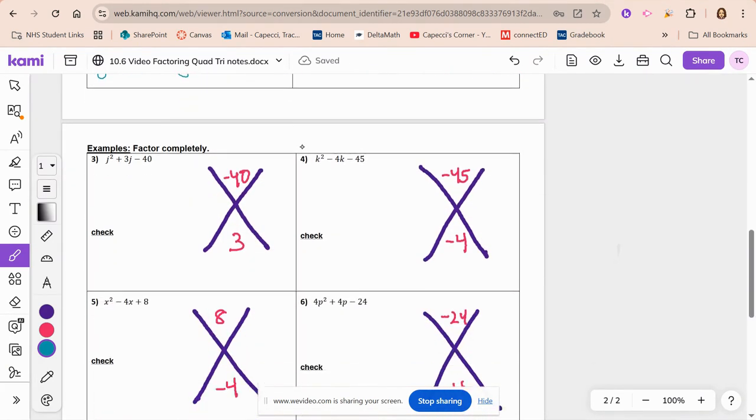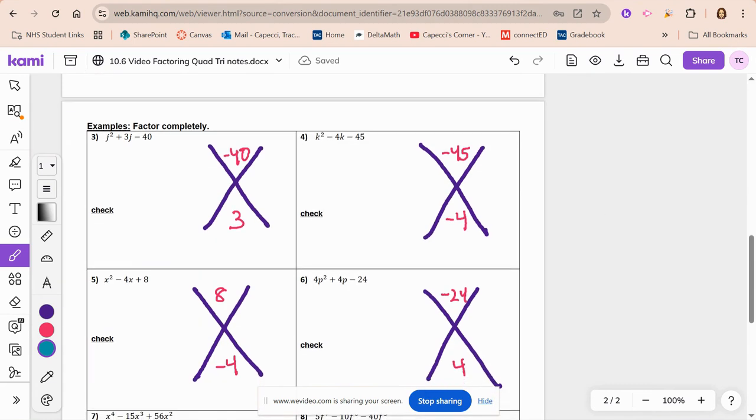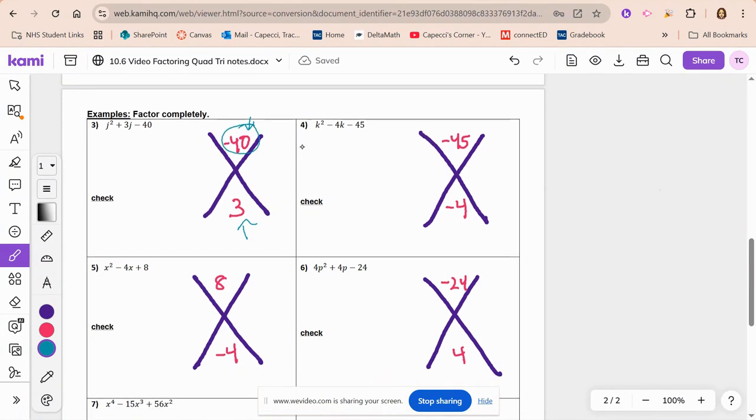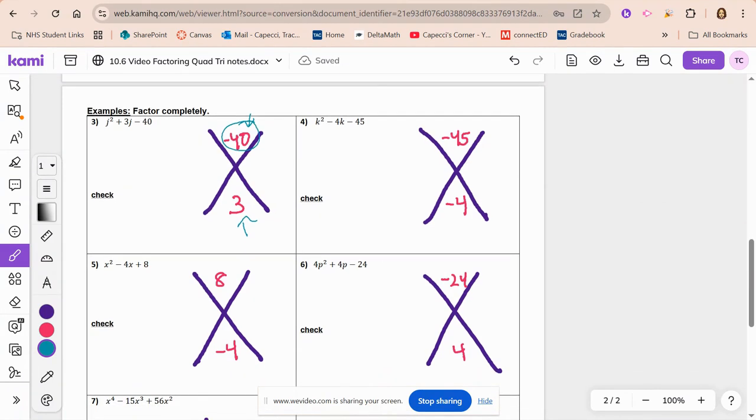Okay, we're going to keep going. In number 3, we're looking at factors of negative 40 that when I add, I get 3. So when it's negative 40, I know that I'm going to have one positive and one negative. So 8 times 5 does give me 40. Now my 8 is my higher number, and my sum is going to be 3, which is positive.